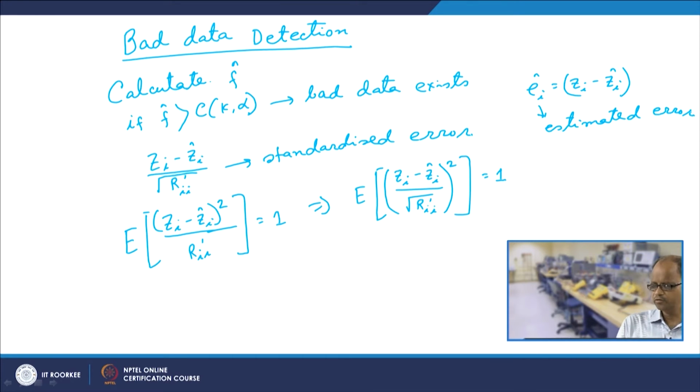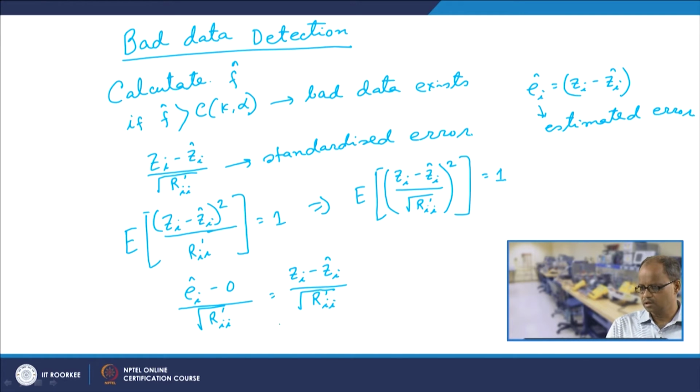Now, if I define one random variable, please note that this is a random variable, let us say ei hat minus 0 by root over rii dash. This is nothing but zi minus zi hat by root over rii dash.